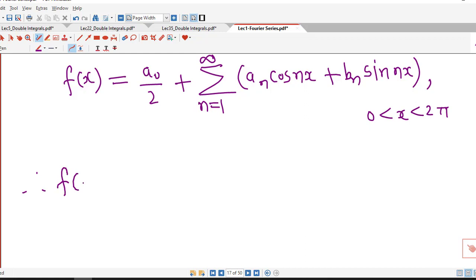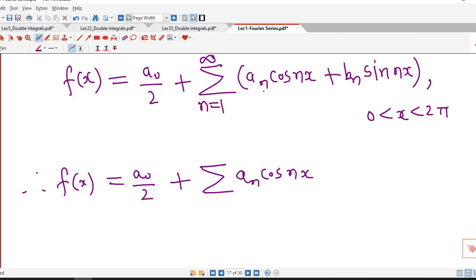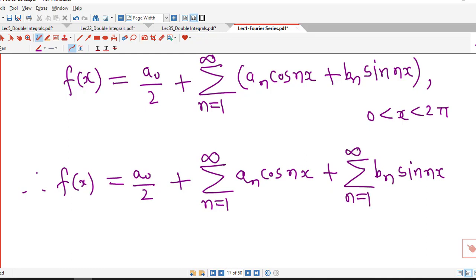So this we can rewrite as fx equal to a0 by 2 plus sigma an cos nx plus sigma bn sin nx, n equal to 1 to infinity, x is in between 0 to 2 pi.